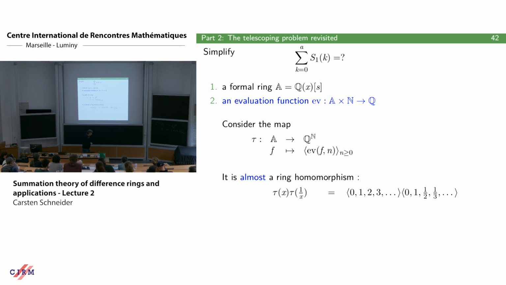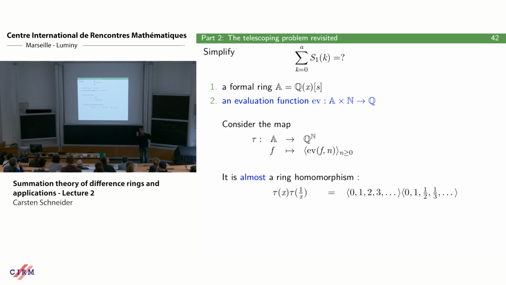So let's look at that. Here's a counterexample. Let's take tau of x and tau of 1 over x. Well, I evaluate x, this is 0, 1, 2, 3, 4, 5. If I evaluate 1 over x, well, at 0 I have a pole, 1 divided by 0, so the convention is I map it to 0, and then I get 1, 1/2, 1/3, and so on.